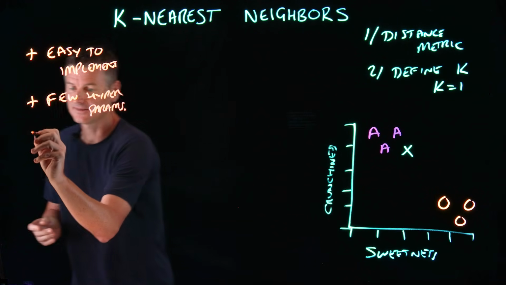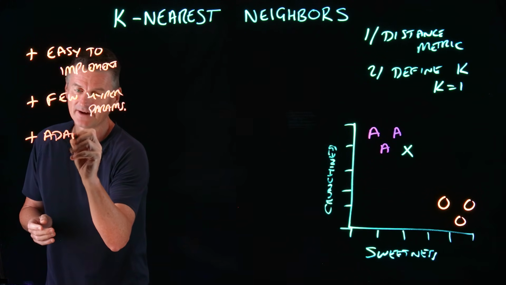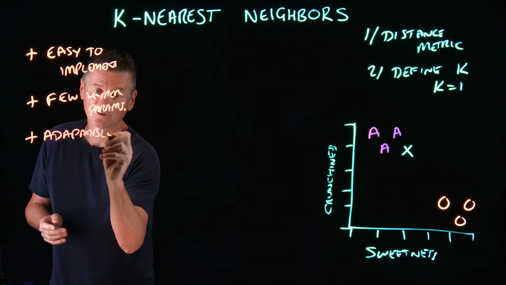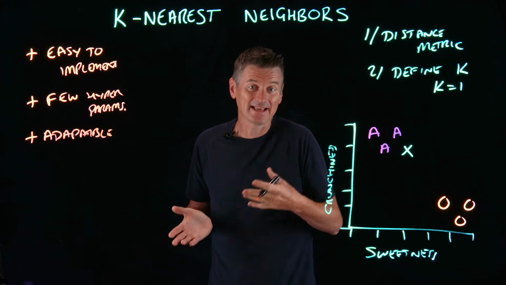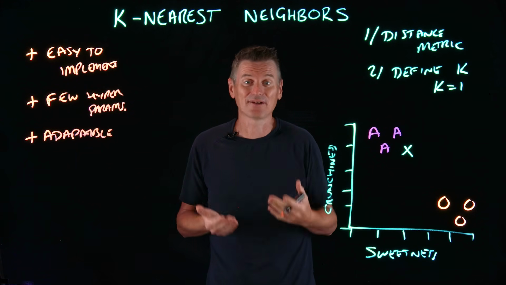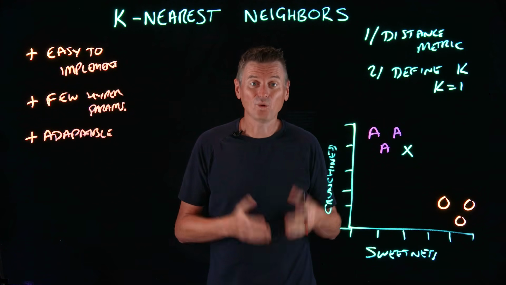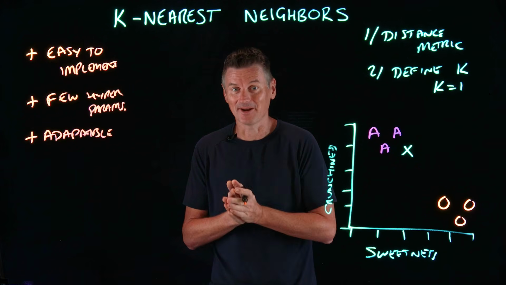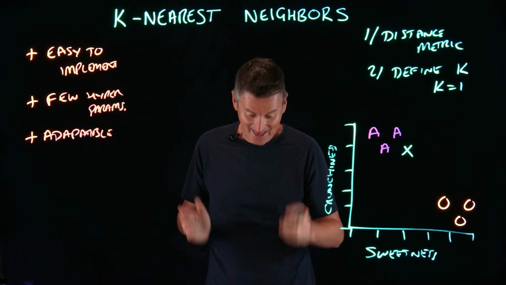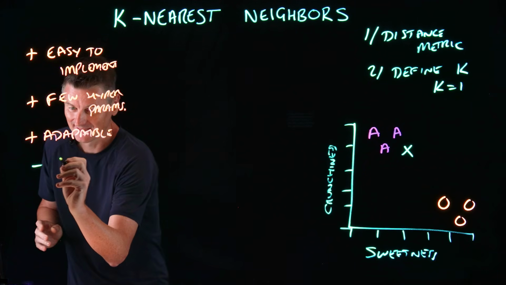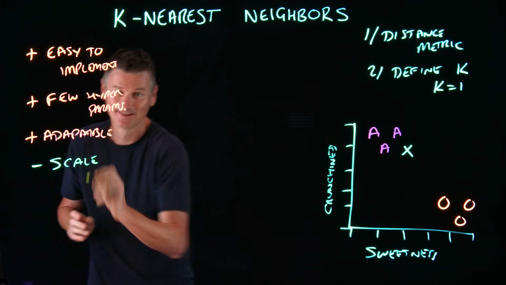Also in the plus category, we can say that it's very adaptable as well, meaning as new training samples are added, the algorithm adjusts to account for any new data, since all training data is stored into memory. That sounds good, but there's also a drawback here, and that is that because of that, it doesn't scale very well.